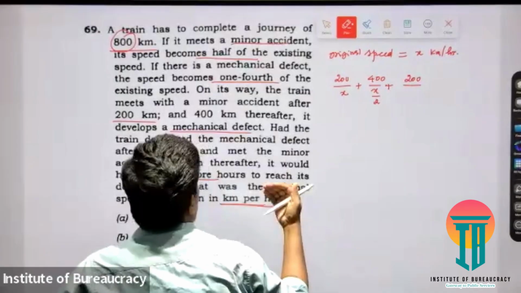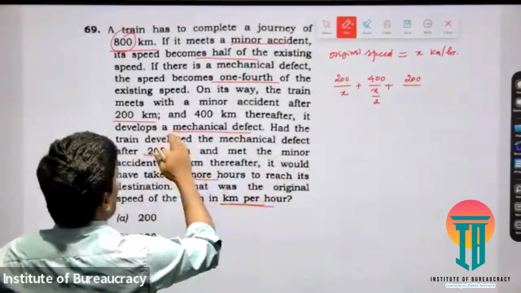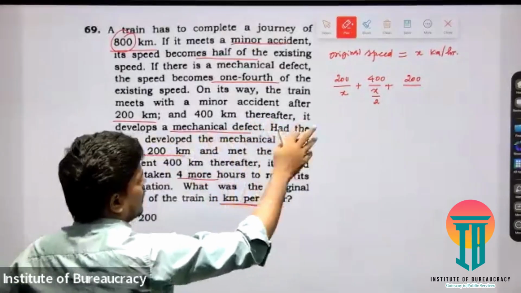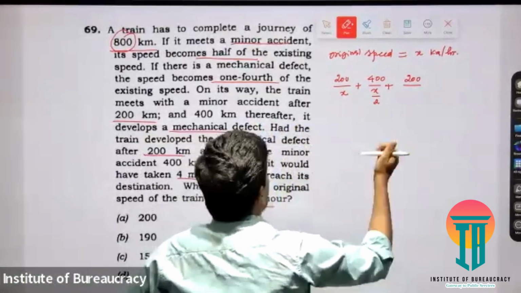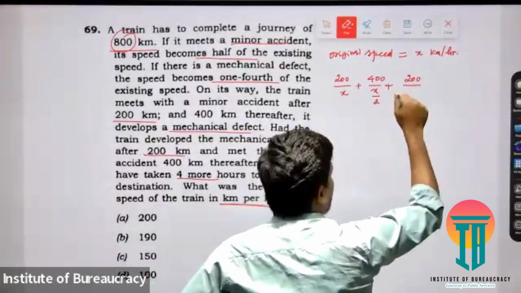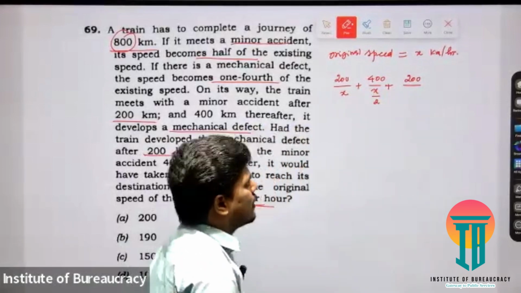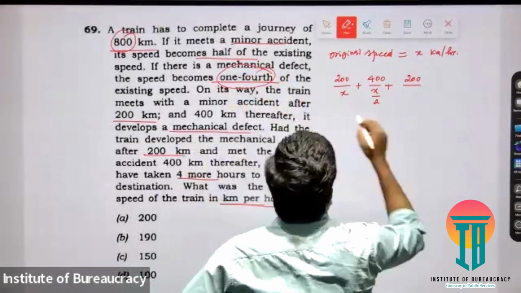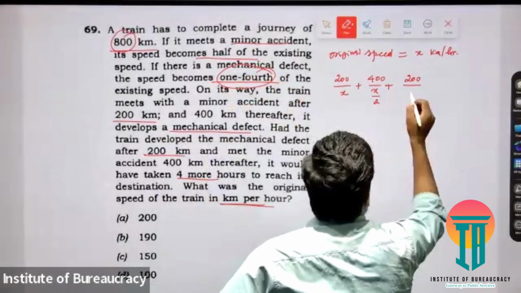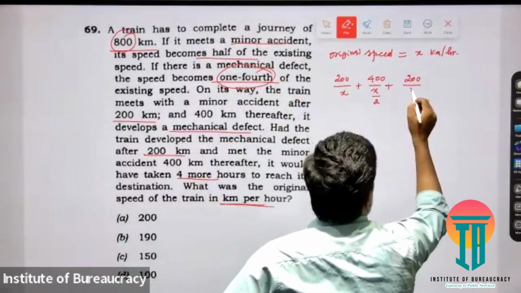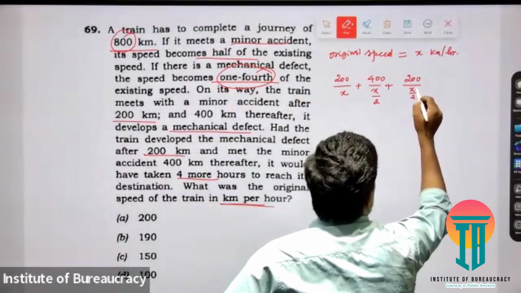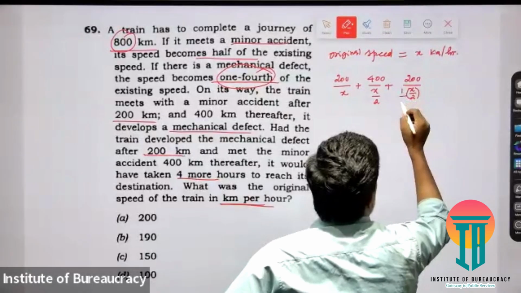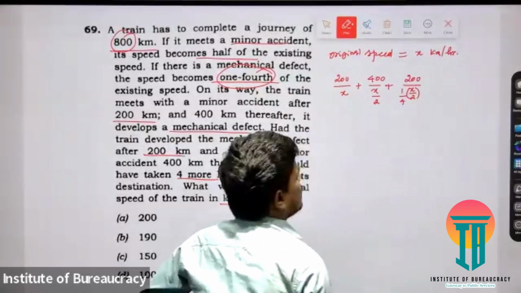After that, they say 400 kilometers thereafter, it develops a mechanical defect. That means when it goes with the mechanical defect, the speed decreases to 1/4. This is x by 2, and in that 1/4, so it is going to be x by 8.